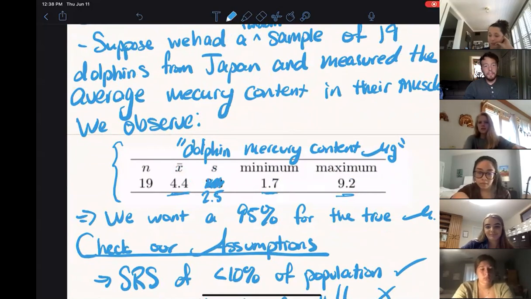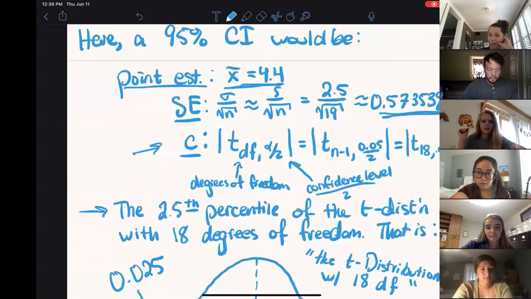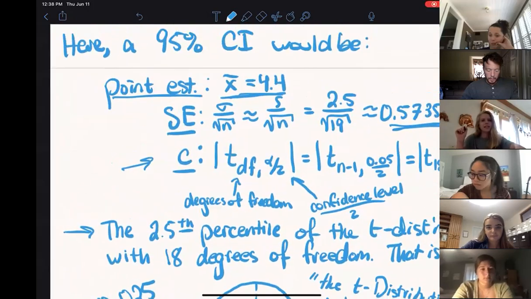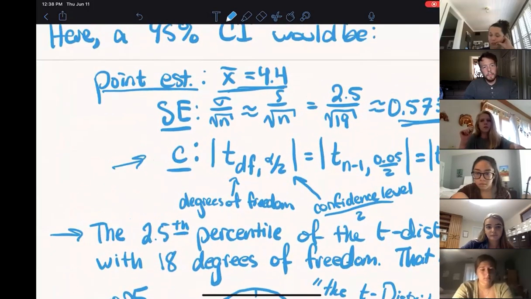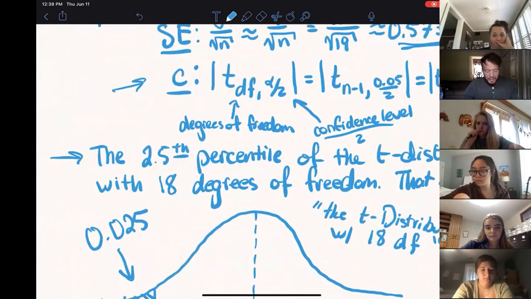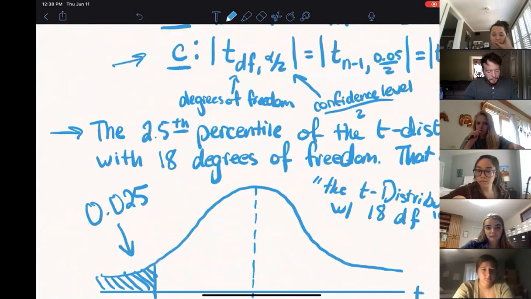For the subscript in the notation for C, is it the degrees of freedom first or the alpha over 2 first? Or does it matter? When I do it, I do the degrees of freedom first, but I think Excel wants it the other way around.